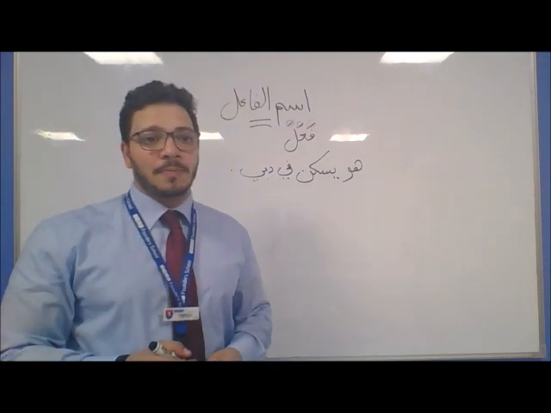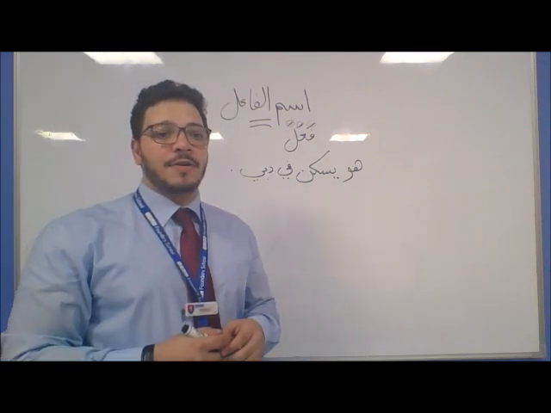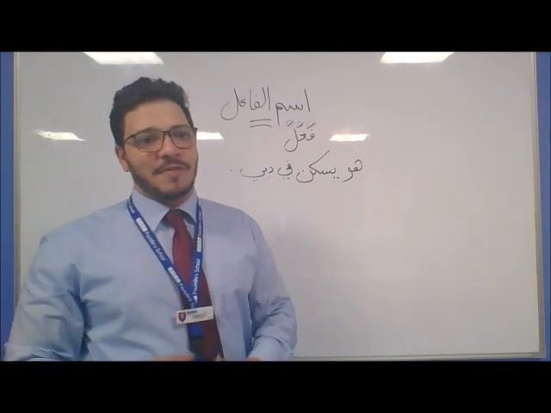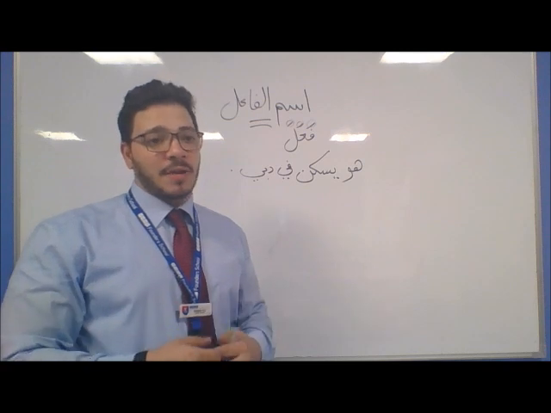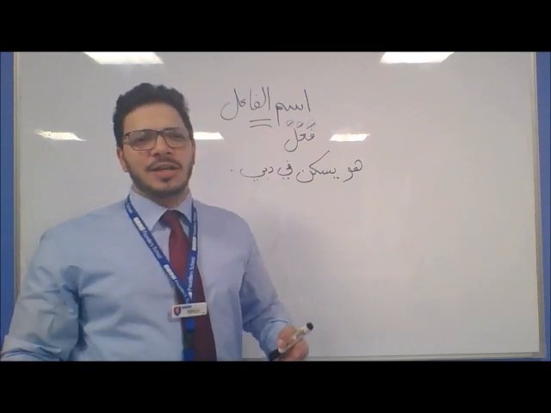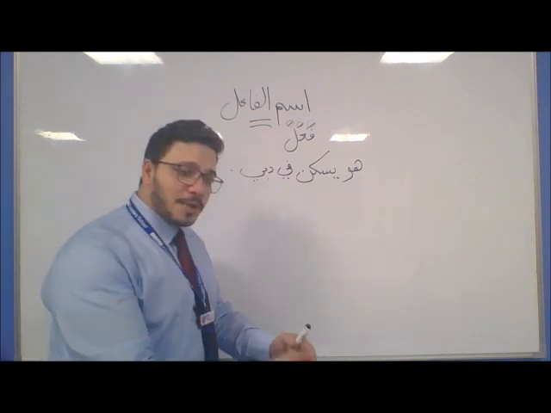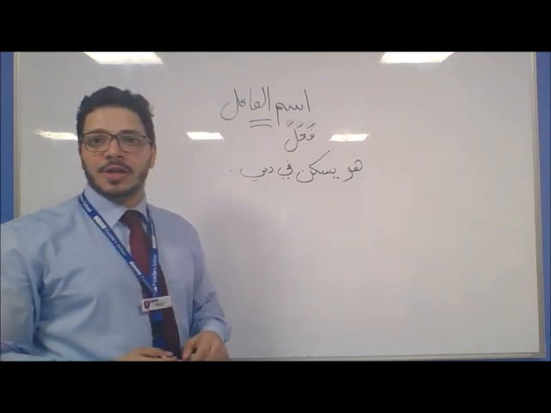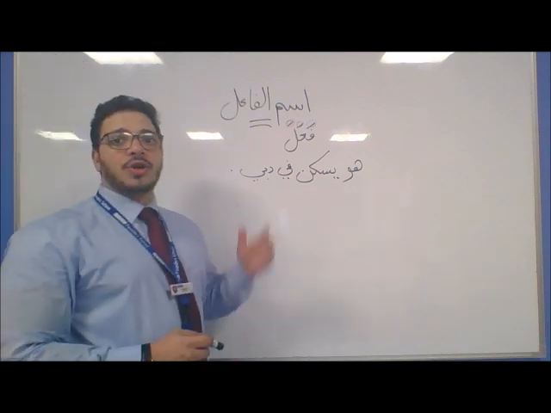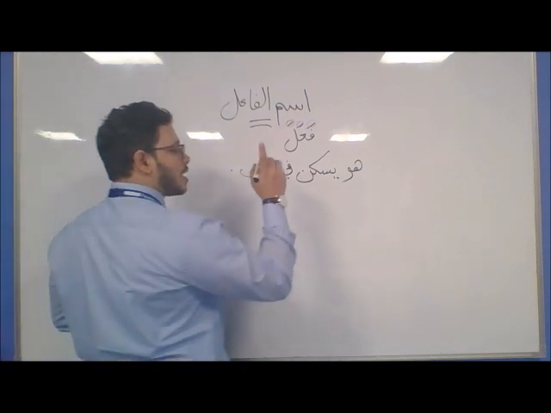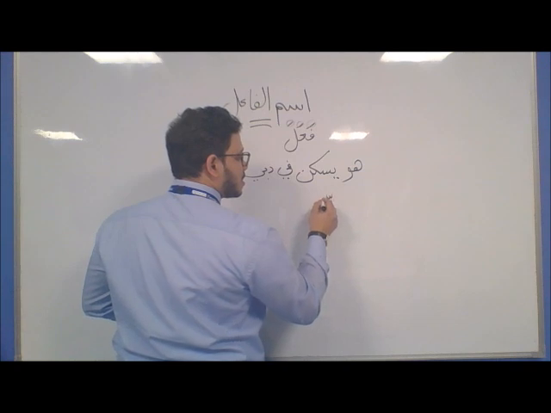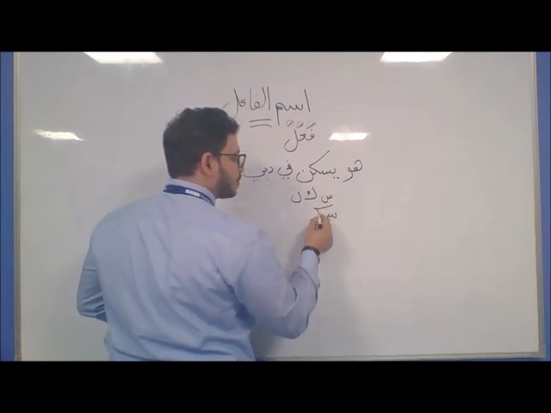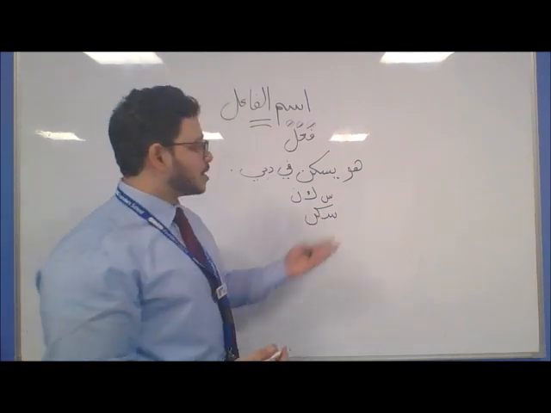But we might also hear the verb substituted with an اسم فاعل, and it has the same meaning, by the way. So how can we do that? First step is we need to figure out what the root is. In this case, the root is سكن. How did that happen?